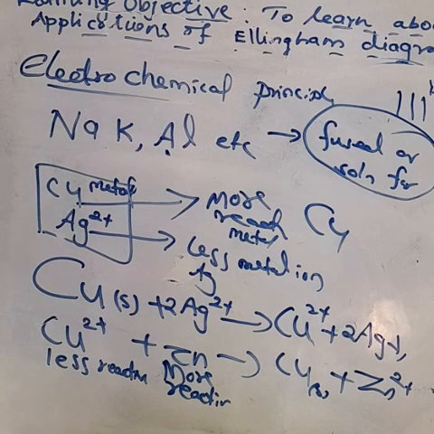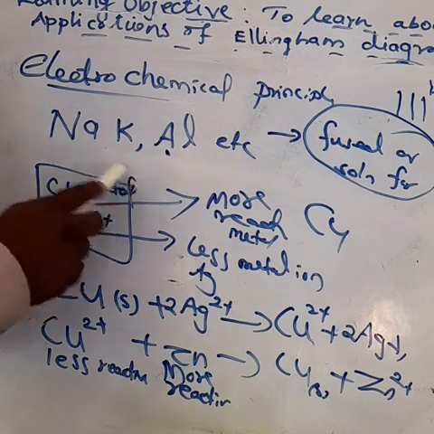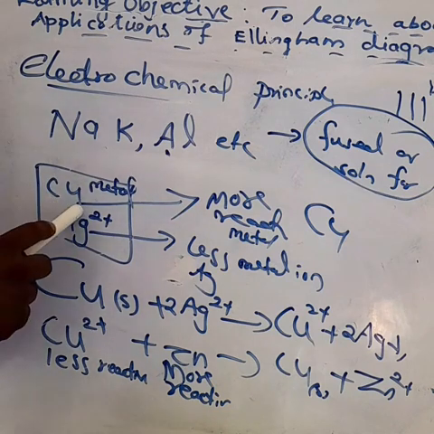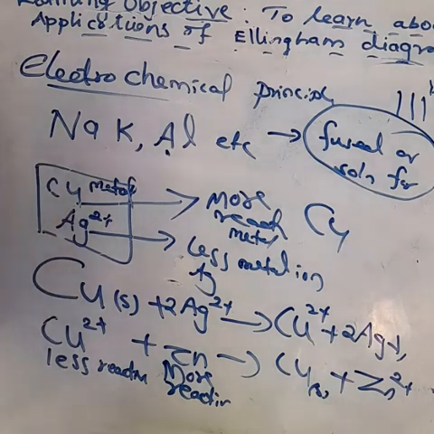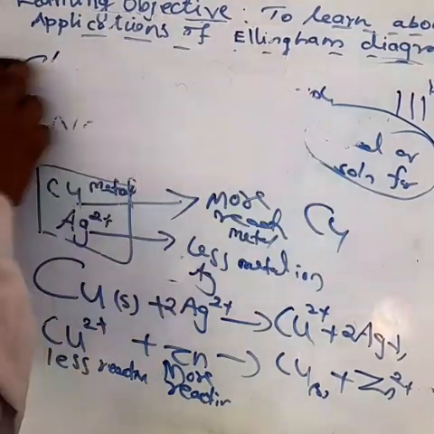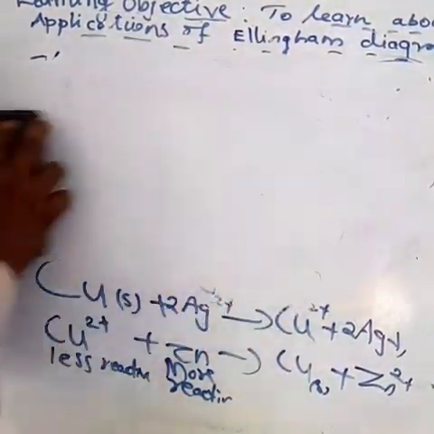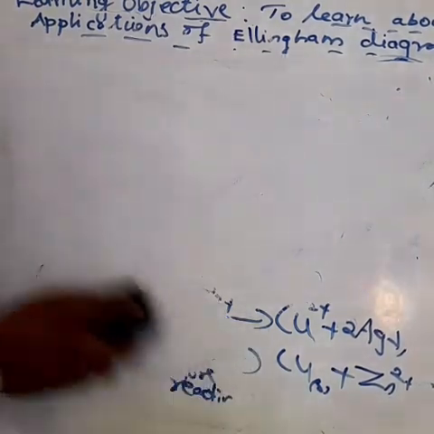So what do I give here? A more reactive metal is added to the solution containing less reactive metal ions, and the more reactive metal will go into the solution. So today we discussed the applications of the Ellingham diagram and the electrochemical principle of metallurgy.